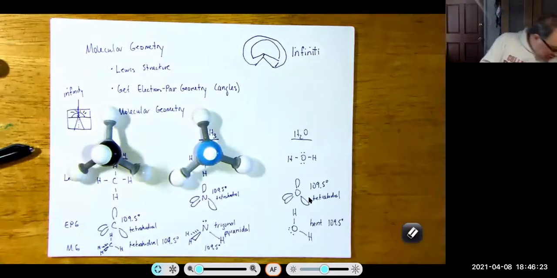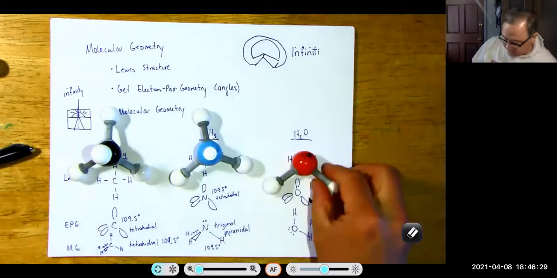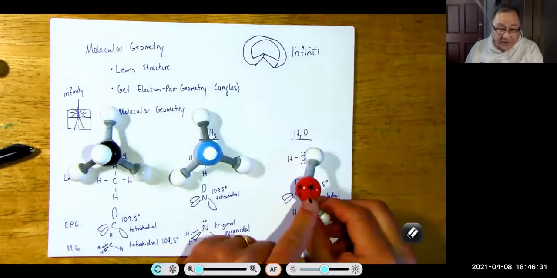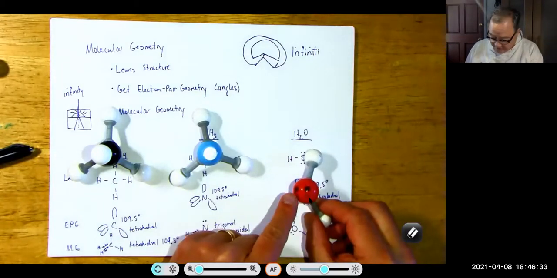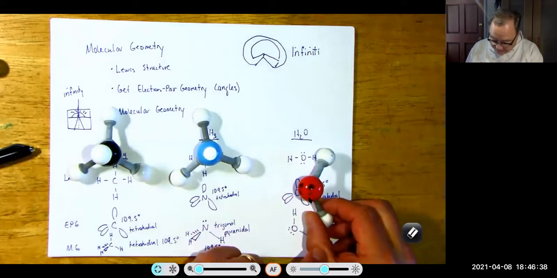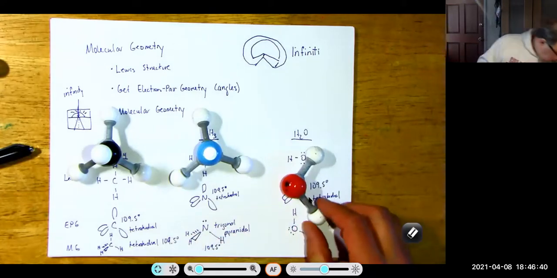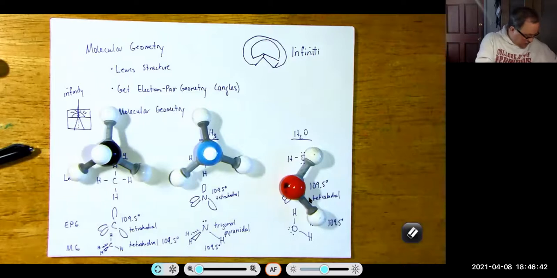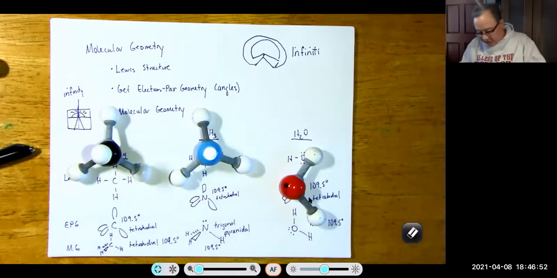Right. So what about H2O? Well, H2O, I actually have right here. And here, for the lone pairs, I just put dots on here. So do you see 2 dots and 2 dots? Yes. So if I wanted to, I could make the H2O like the other ones. Okay, so here's an H2O.